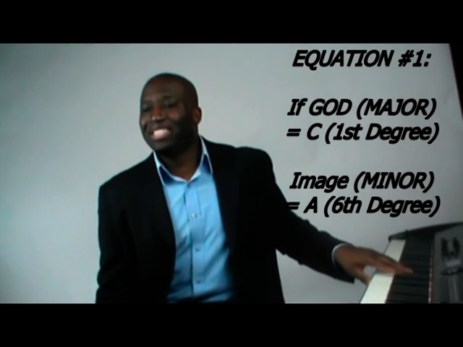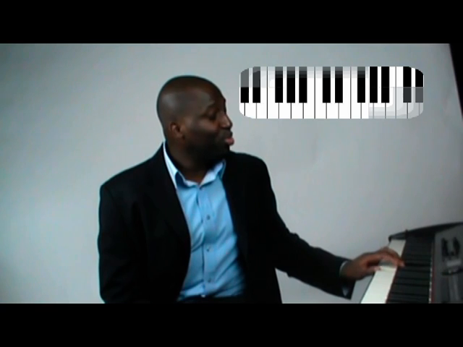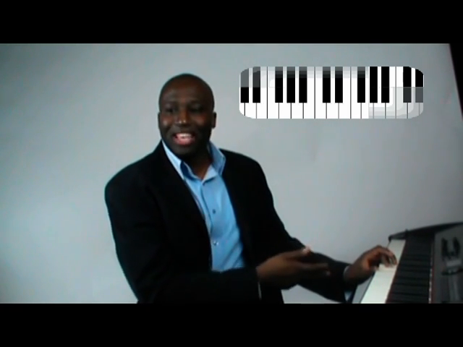The other way of getting to the 6th degree, which is A, is actually to count down 3 semitones. 1, 2, 3. You descend 3 semitones. That's now going less. Minor third, all right? Below your first degree. So you go 1, at your first degree, you go 1, 2, 3. That brings you down to your 6. That's how you could also get your relative minor.